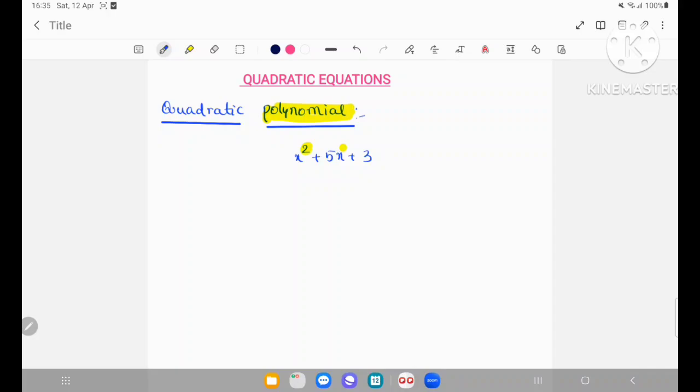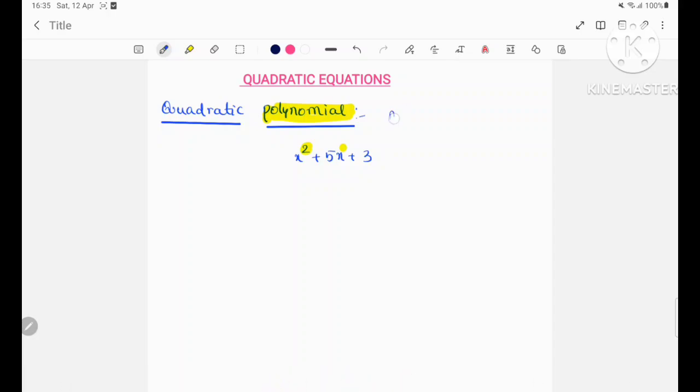So if a polynomial contains highest degree 2, then it is called a quadratic polynomial.